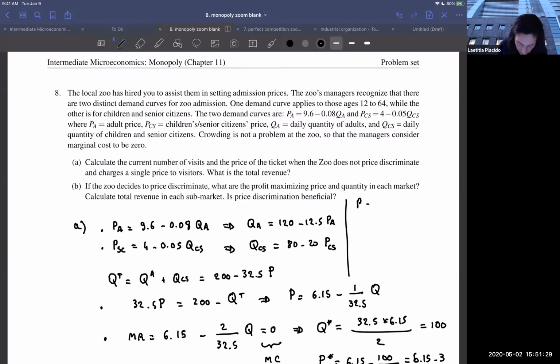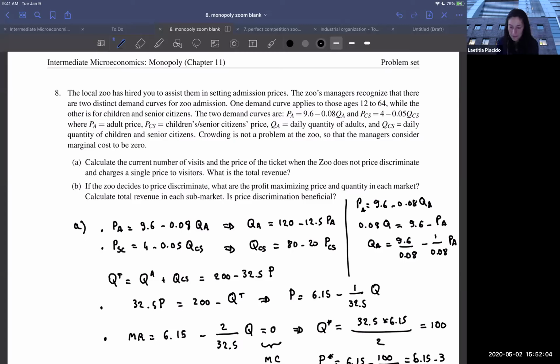So we had P equals 9.6 minus 0.08 QA. So 0.08 QA equals 9.6 minus PA. Okay, and QA equals 9.6 over 0.08 minus 1 over 0.08 PA.